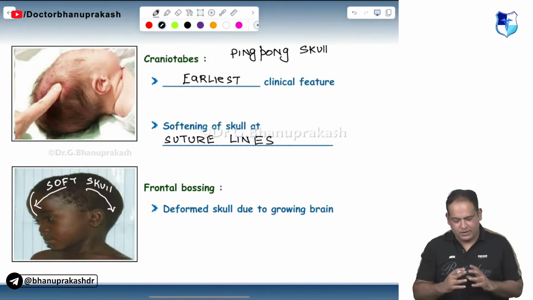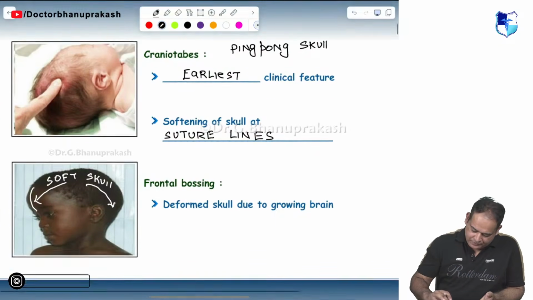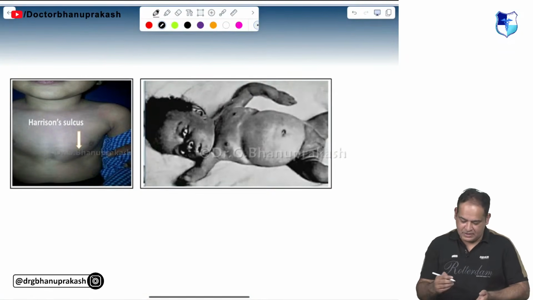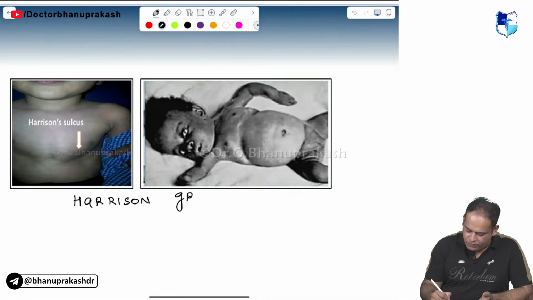Yes, more like a hydrocephalus-like skull, right? Okay. Then what is this? Harrison sulcus. You can also call it Harrison groove.